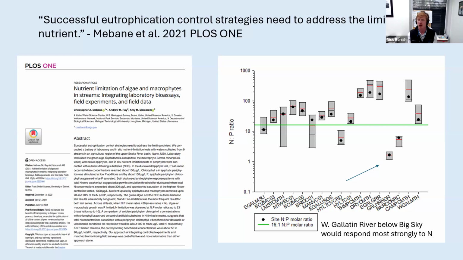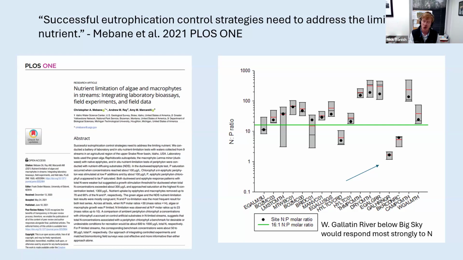So said another way, this site on the West Gallatin is going to respond most quickly to any inputs of nitrogen, and if we tried to take nitrogen out of the system, it would hopefully respond just as readily.